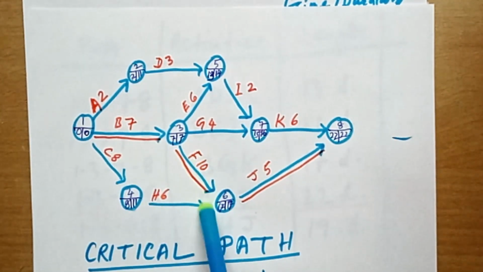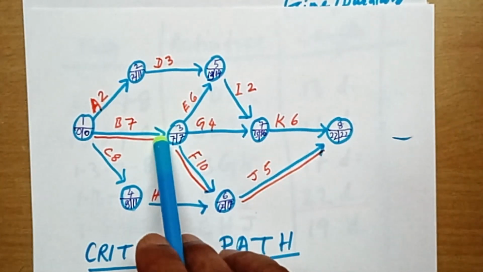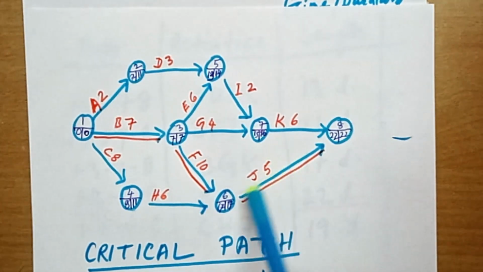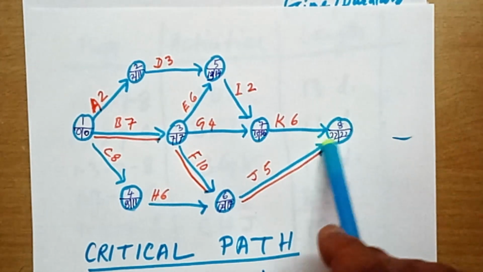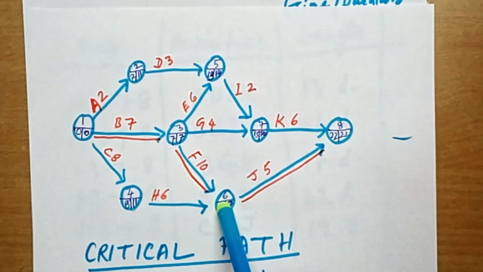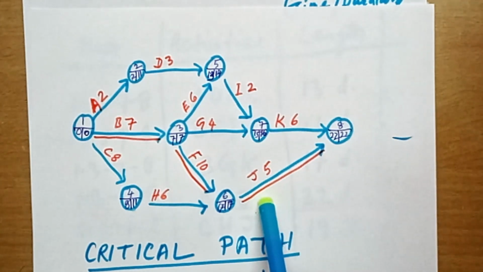For this activity again, at the arrow head, earliest start and latest finish are both 17, and at the tail both are 7. And for this activity, at the arrow head, earliest start and latest finish are 22, and at the tail of the arrow 17, equal. So these are the three critical activities.